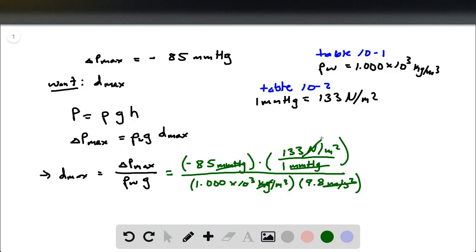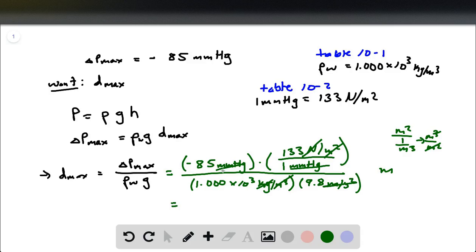That gets rid of the newtons on the top. And then we have 1 over meters squared divided by something that's 1 over meters cubed. So this is really meter cubed over meter squared. So then we get an answer in terms of meters. So that's what we want for this depth here. Just a good check.